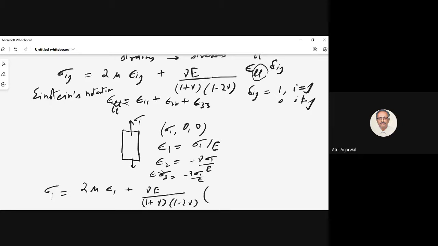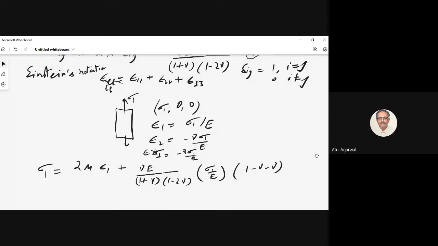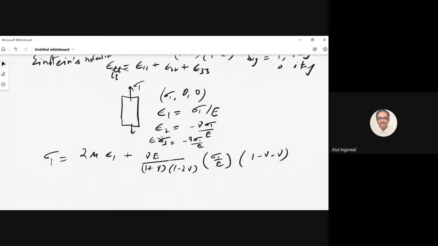So sigma 1 by E is common: 1 minus nu minus nu. Is it all right, Kevalish? Yes, sir. So what you will find is, once you simplify this expression, what you will get? Once you simplify it, this is what you will get.